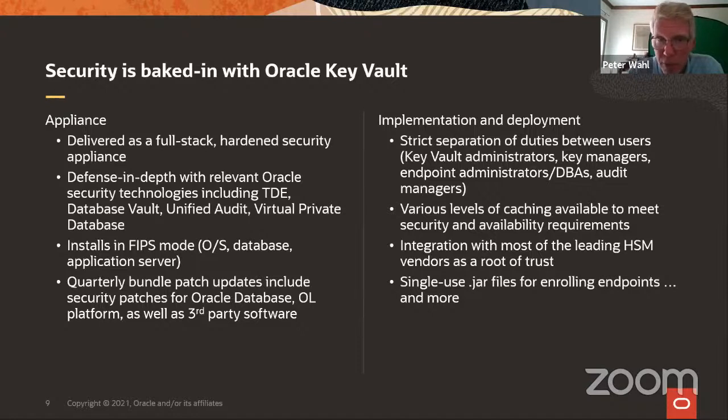Key Vault internally uses Oracle Transparent Data Encryption to encrypt everything that we store in Key Vault. We have Database Vault access control rules, we have Virtual Private Database, and we implement unified auditing to audit everything that we do. You can run OKV in FIPS mode, and we give you quarterly bundle patches that update everything, that apply the latest operating system errata.